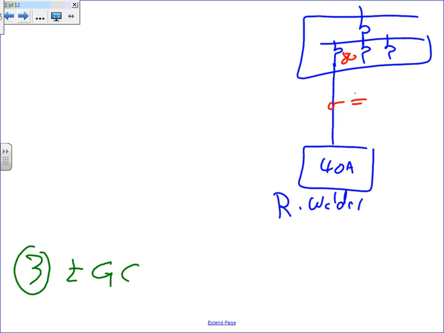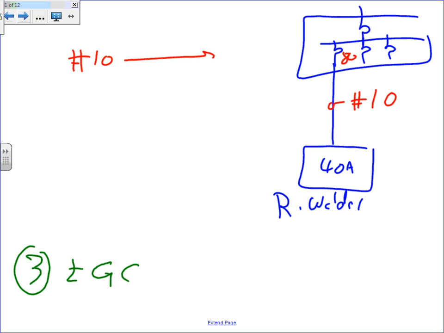This conductor was number 10. Now, the same rule applies. If you are to use the same overcurrent protection device here, then this conductor cannot be protected at more than twice its ampacity. Let's go check.